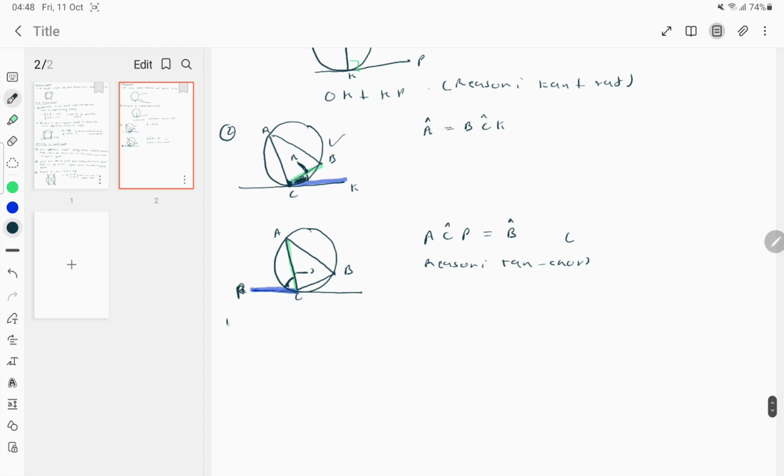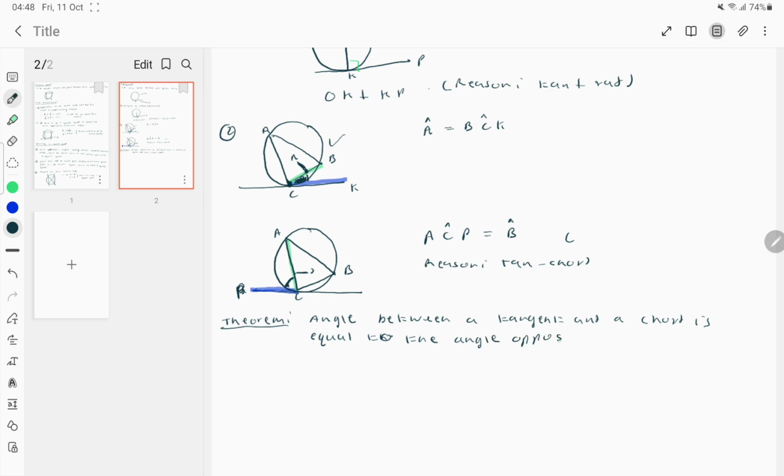But what the theorem says: the angle between a tangent and a chord is equal to the angle opposite that chord.